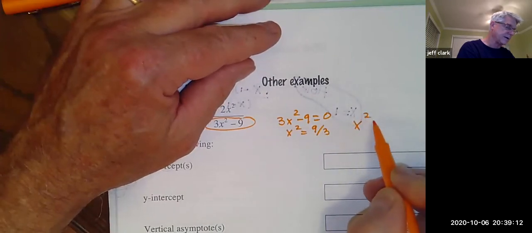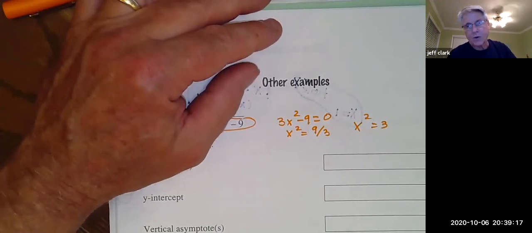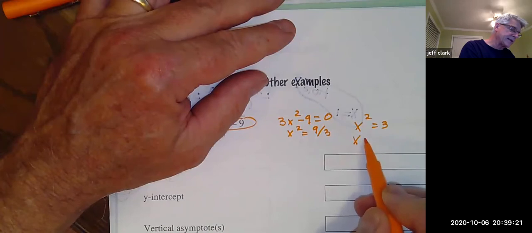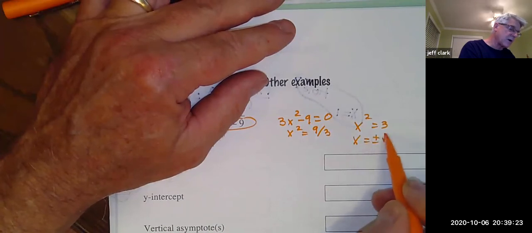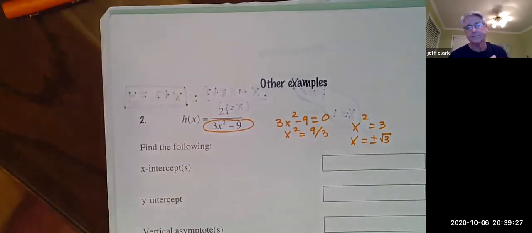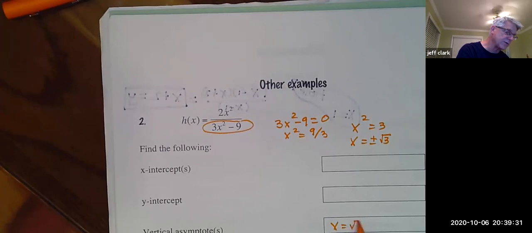So x squared equals 3. Then take the square root of both sides. So you have x equals plus or minus the square root of 3. Those are called your vertical asymptotes. Vertical asymptotes would be x equals root 3, x equals negative root 3.